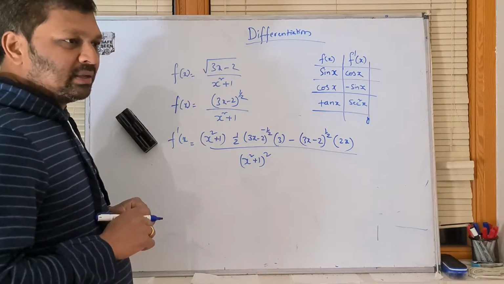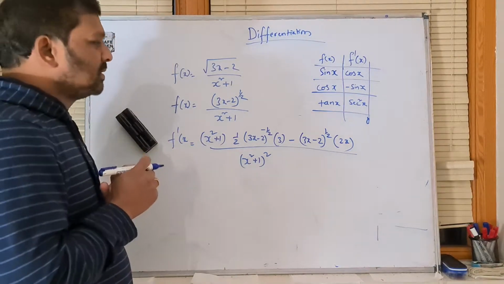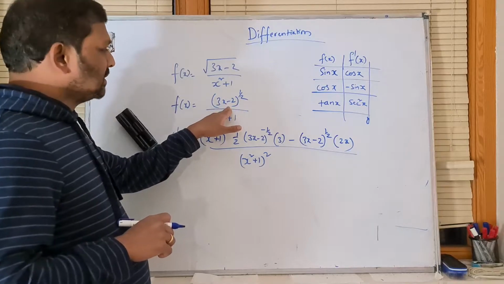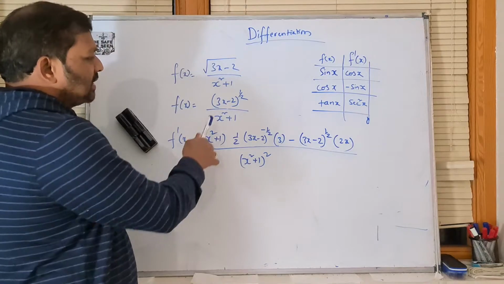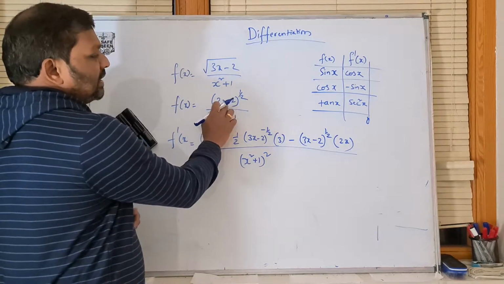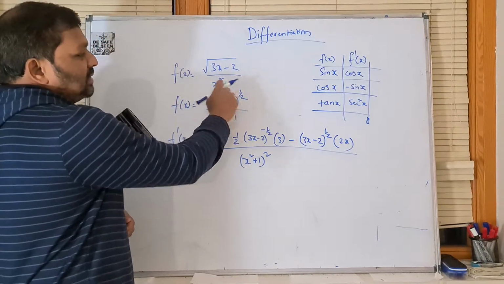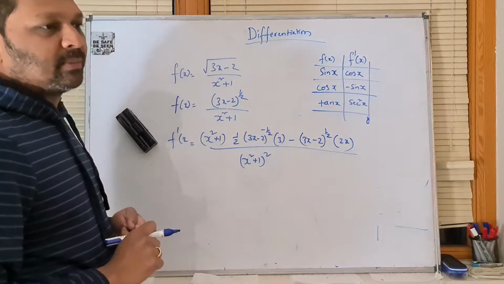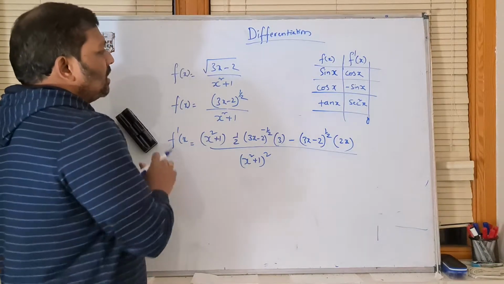There is no formula directly for a square root, but instead you write it in base and power form. Then it's easy to differentiate. Again here, you have to apply the chain rule because this is an inner function, and this inner function is getting squared, rooted.